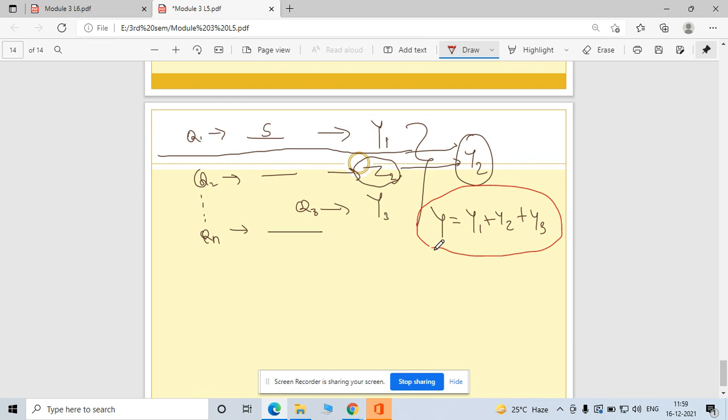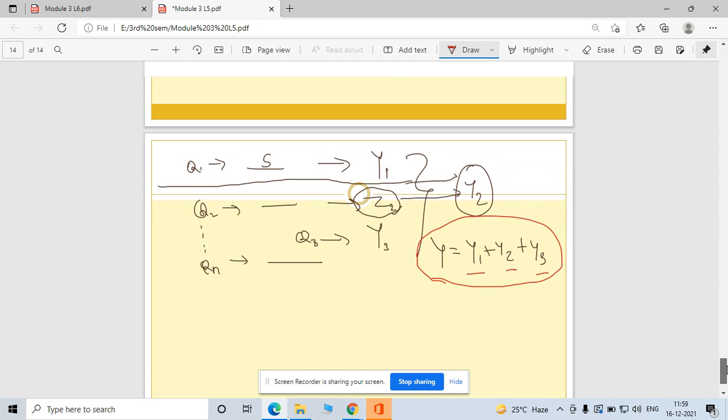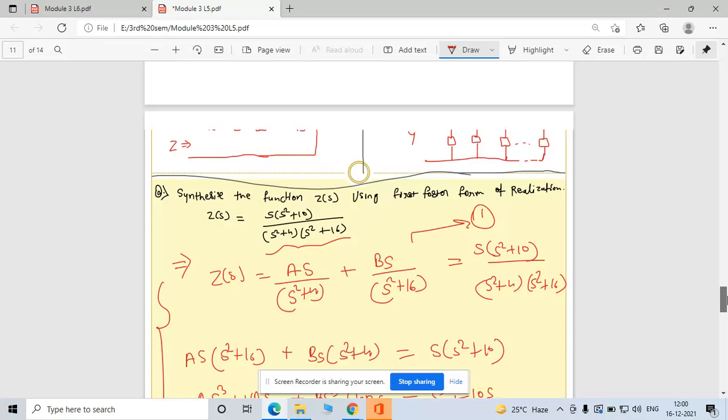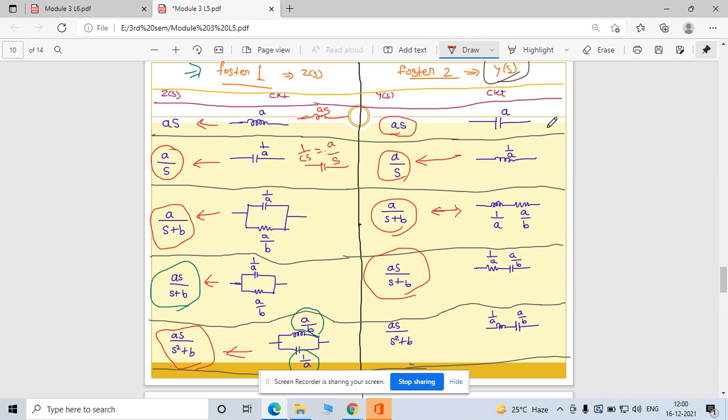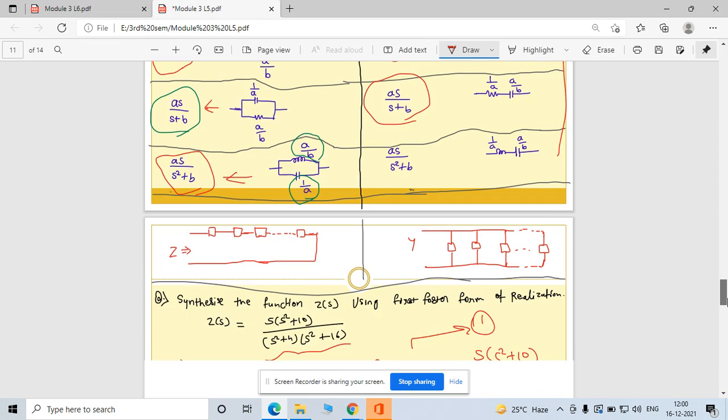For getting the equivalent circuit, you add up these different types of admittance which you get in that question. Then compare this equivalent circuit with the standard format which I provided here in this circuit. Then connect your circuit accordingly. Okay, so these are the methods.